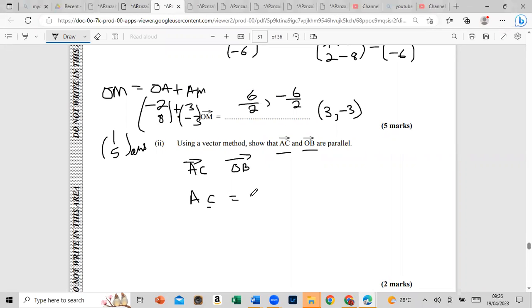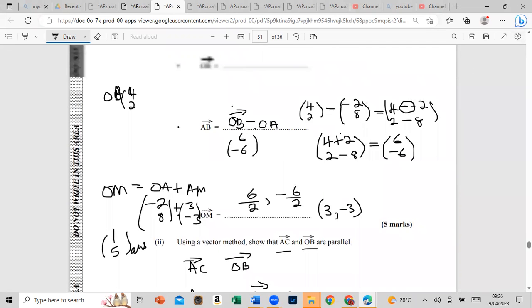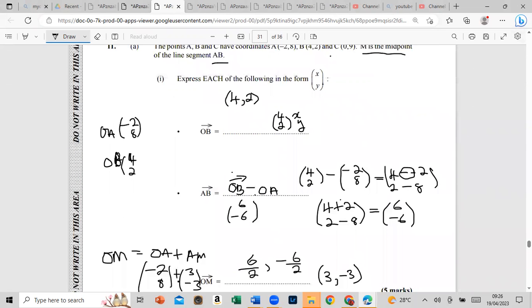So we start with the last vector, so it's OC minus OA. So what's OC? We just want to show that we can multiply one to get the other.